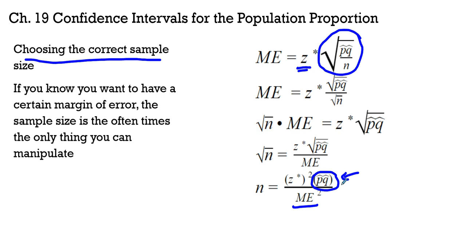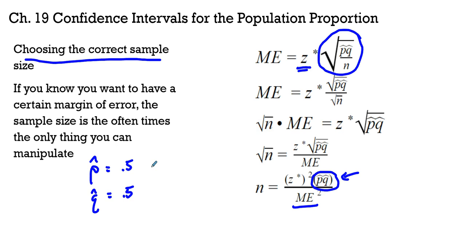But if you don't have anything on which you could get an estimate for p hat and q hat, you use 0.5 for both. Make it a coin toss, right? That's as big as you can make that, because everything else is going to be less.